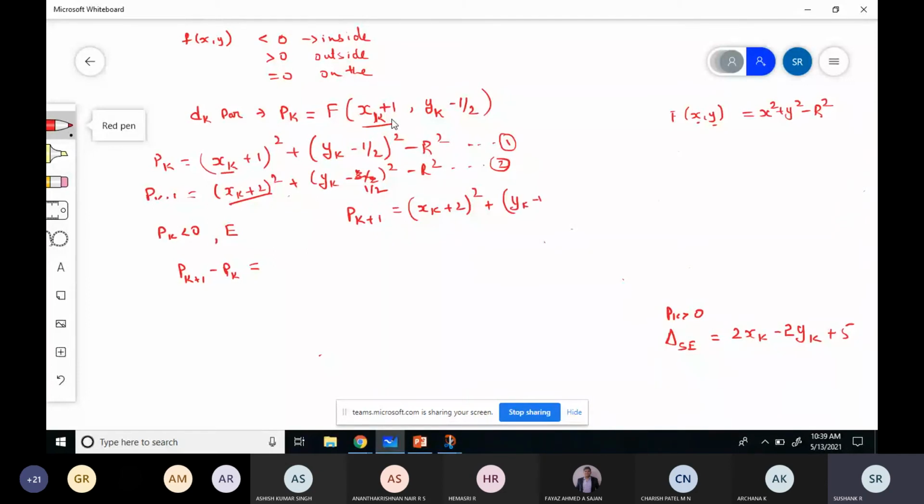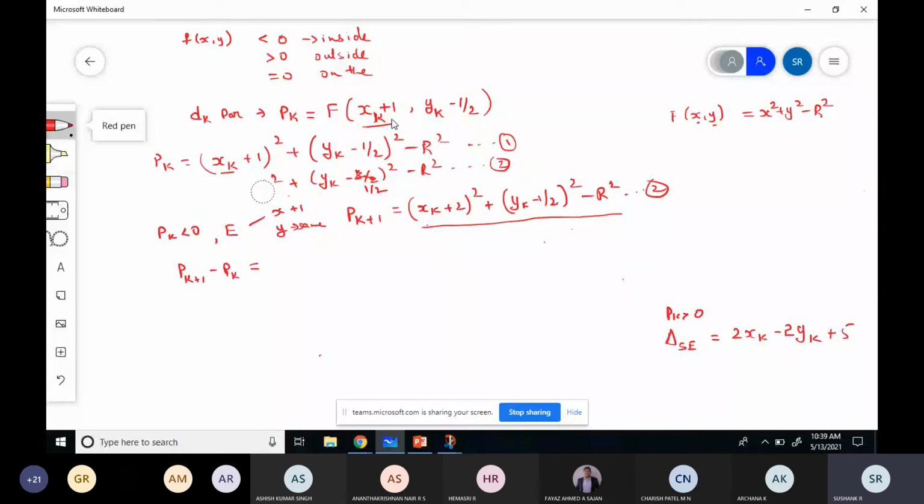So yk minus half the whole square. This will be the revised term when pk is less than 0, because only then x will change by plus 1 and y will remain the same. So pk plus 1 is the revised value.